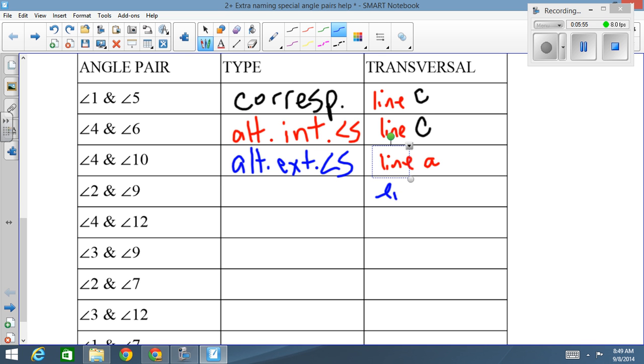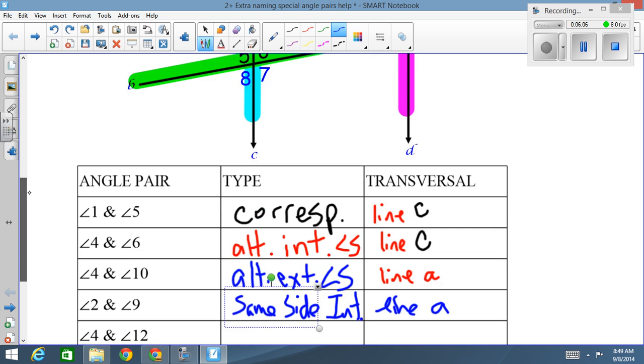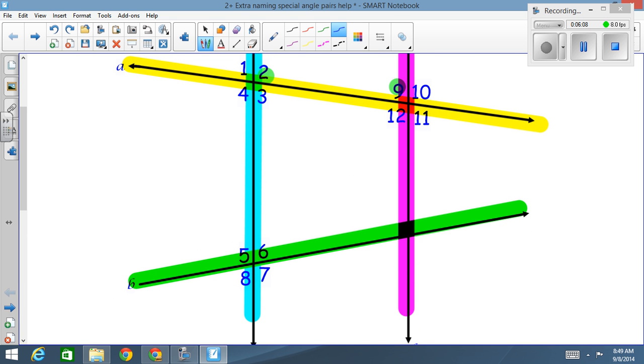We're still on line A. Same side interiors. How about 4 and 12? Well, 4 and 12, we're still on that same transversal, line A. And the question becomes, when you look at 4 and you look at 12, are they both on the interior?